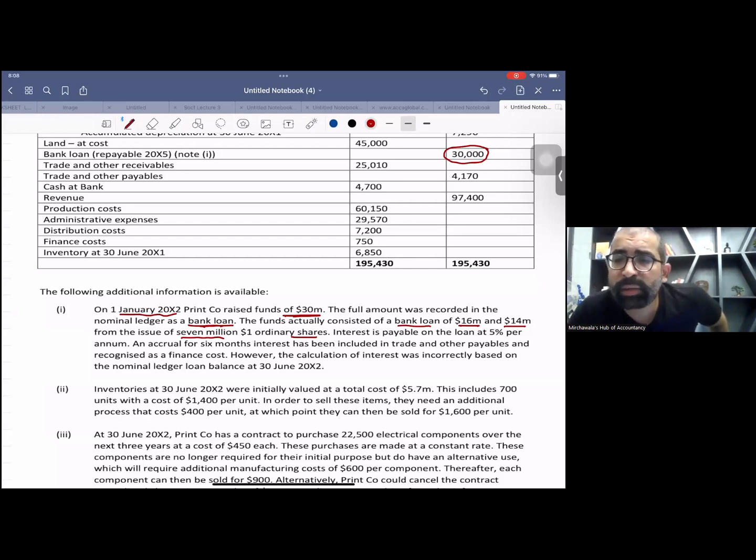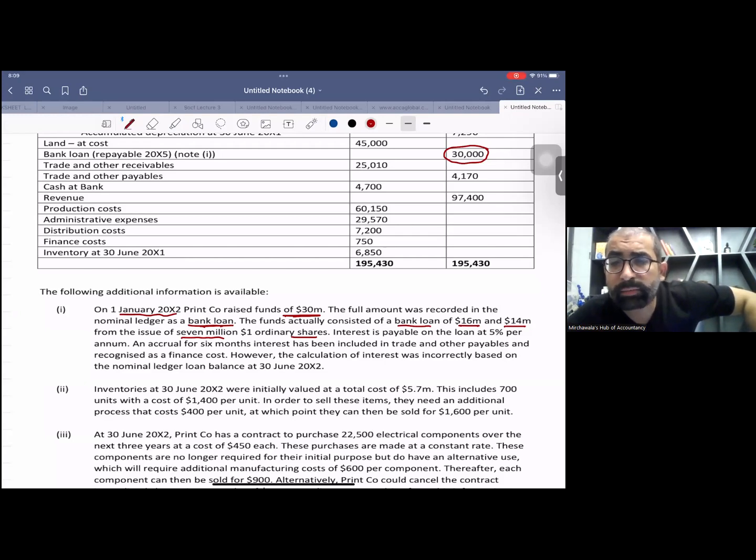That means there is a share premium as well, because ordinary share capital is always recorded at face value or par value.